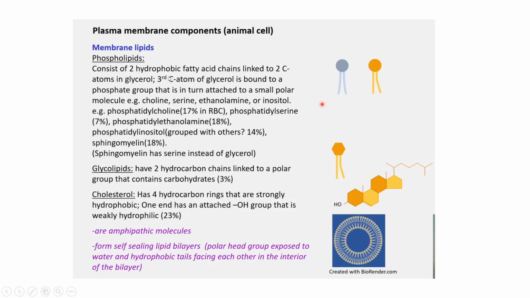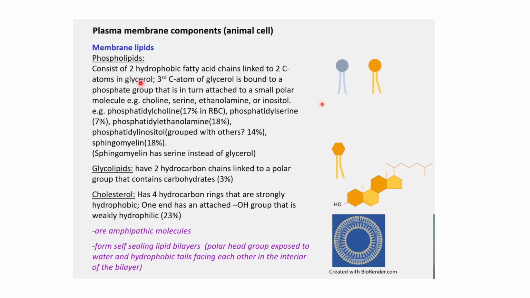When we talk about the phospholipid, it is generally made up of two hydrophobic fatty acid chains. Here you can see the fatty acid chain, and it is linked with the glycerol group.